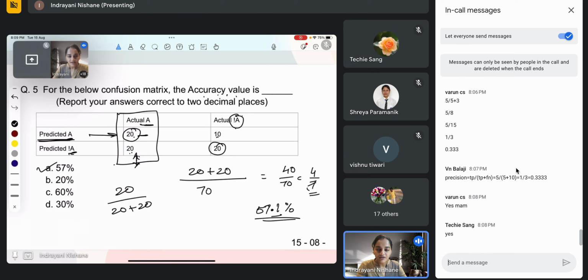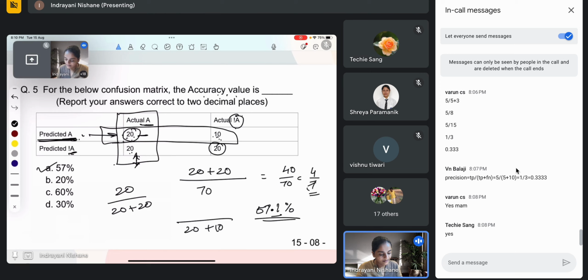And precision is the performance of prediction, how many are positively predicted. So based on this confusion matrix, recall, question number 10, how we came up with the confusion matrix, how we divided our data set into a confusion matrix. The total number of positive predictions by A is given by this row, which is 20 plus 10, 30.